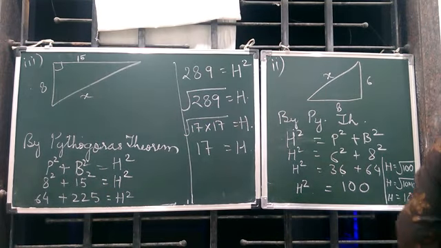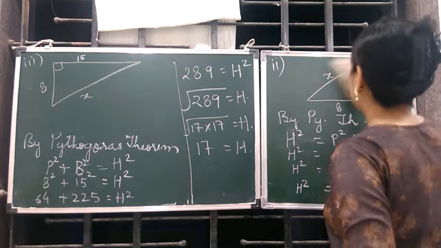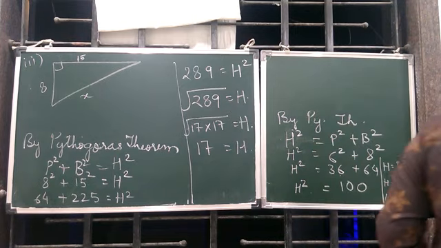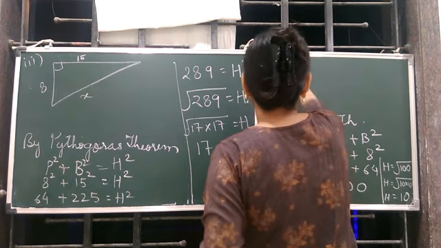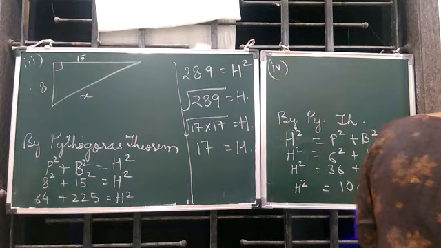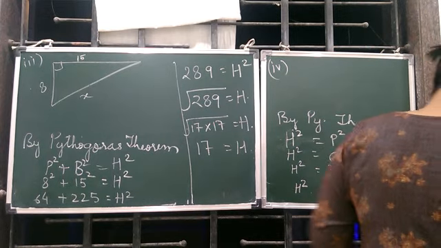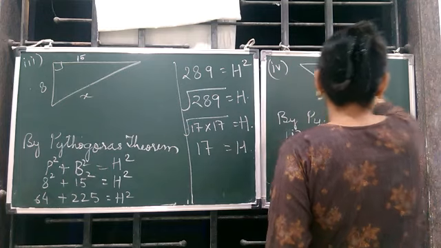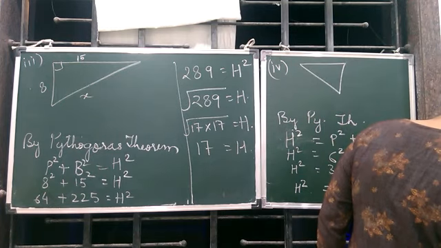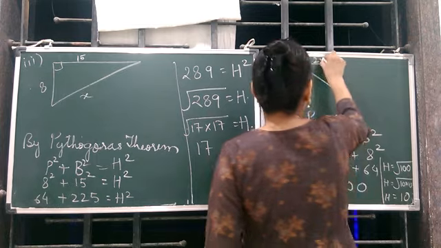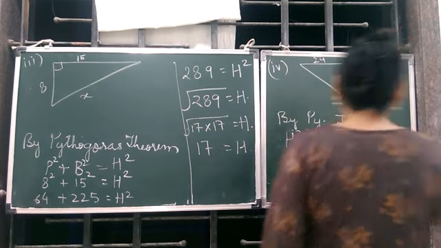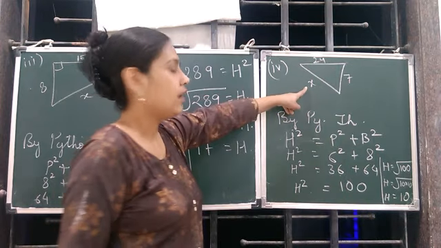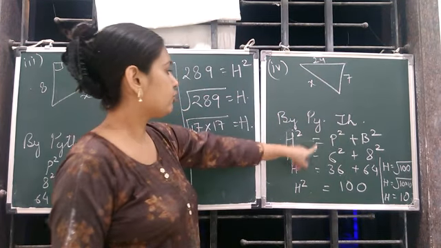Let's do the fourth one. I'm making small diagrams. 24, and this is 7, and this is x. Again, we have to find the hypotenuse only. So h square is equal to p square plus b square.